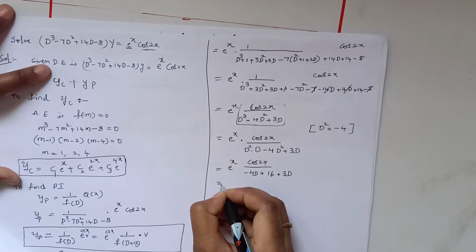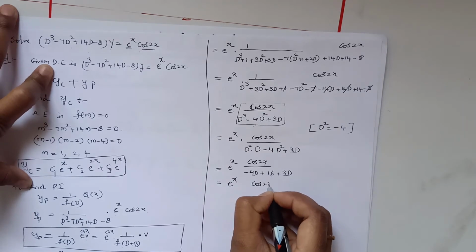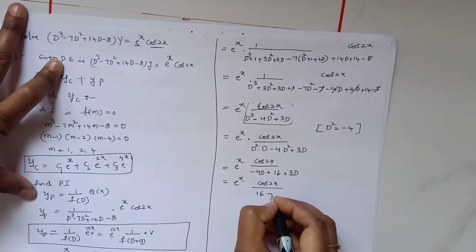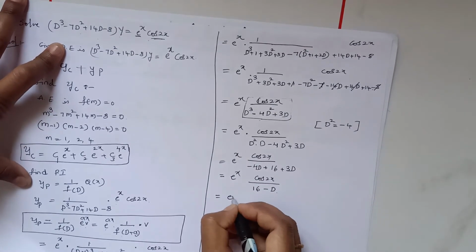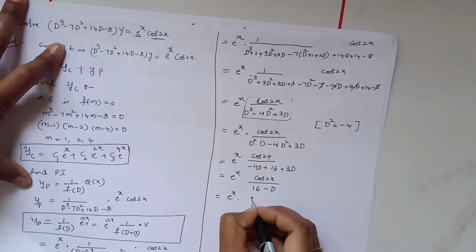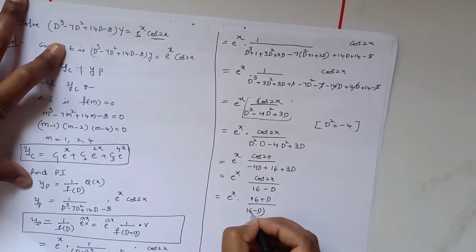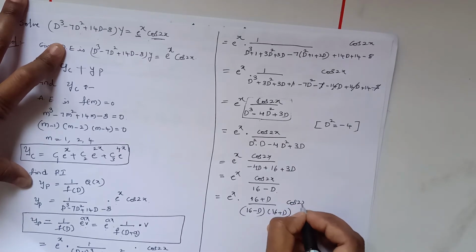This is equal to e power x cos 2x by 16 plus 3D. Now we have to rationalize, multiply and divide with 16 minus 3D into cos 2x.